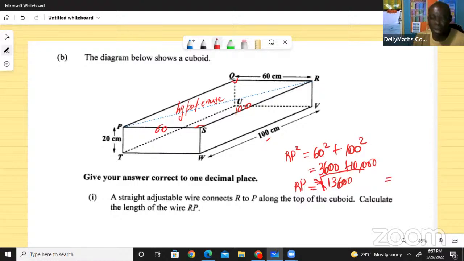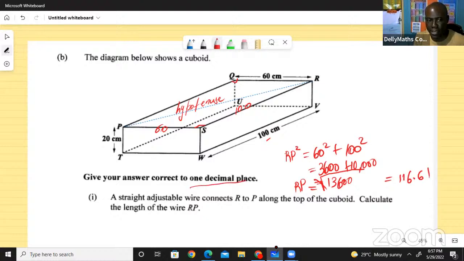So finding the square root of 13,600. All right, somebody work it out. Yes, Pythag, yes. The square root of 13,600 is 116. Definitely, I got 116.61. But the instruction says 1 dp.